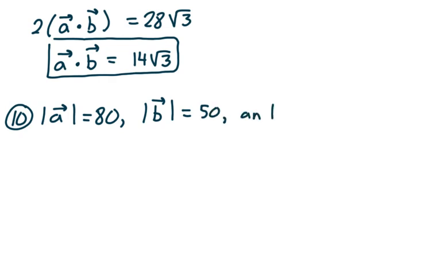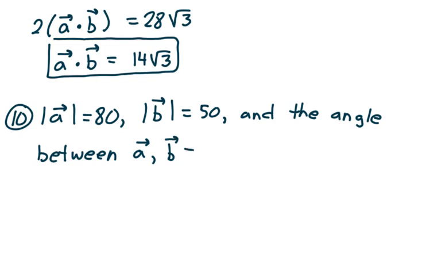And the angle between vectors A and B is, let me use the word is, 3 pi over 4.